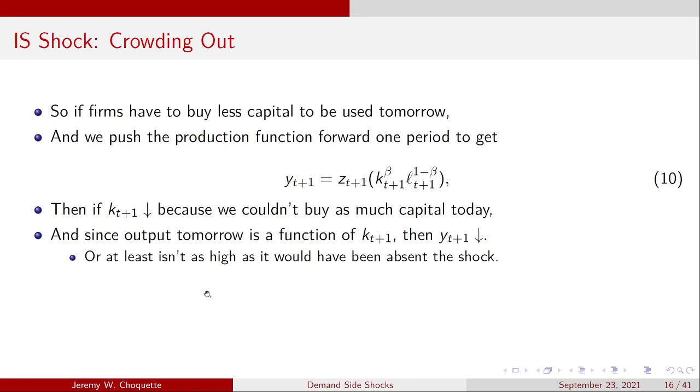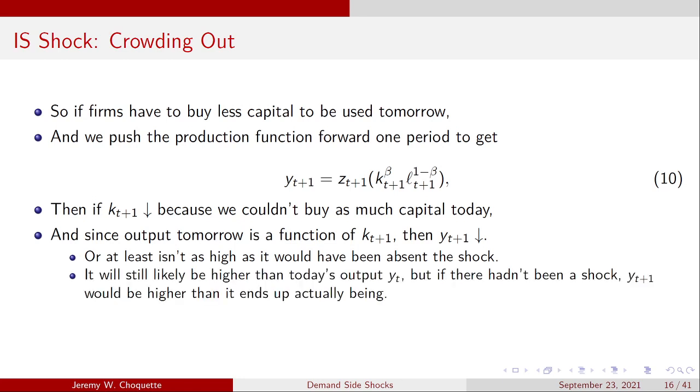Or actually, in all likelihood, what's going to happen is it won't be as high as it would have been absent the shock. So let's say YT plus 1 would have been, I don't know, $28 trillion, but now it's like $27 trillion. Now, YT this period was, say, 25 trillion. It goes up either way, but it doesn't go up by as much.